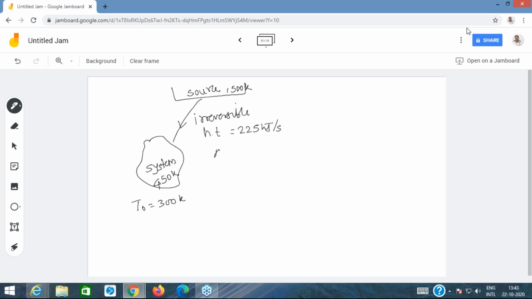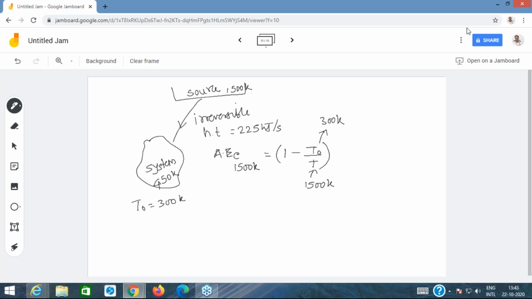So the available energy, how do you find the available energy of the heat which is at 1500 Kelvin? We need to assume that this heat is supplied to a Carnot engine. It's a thought exercise: it's supplied to a Carnot engine, which is operating between the source temperature, 1500 Kelvin, and the dead state temperature, 300 Kelvin.